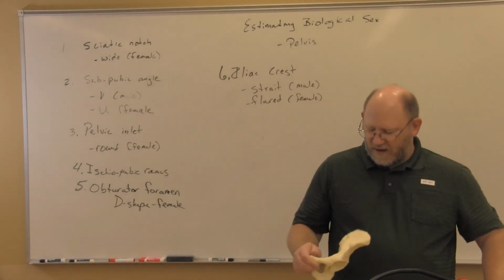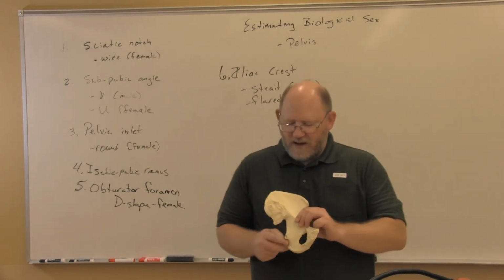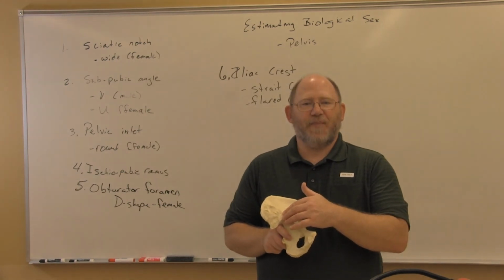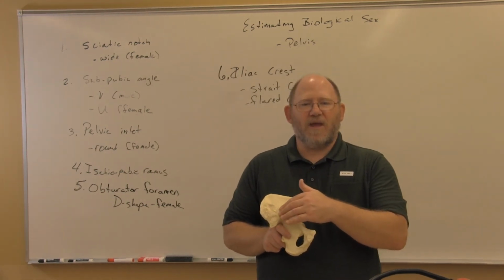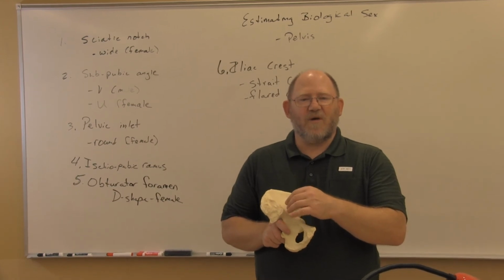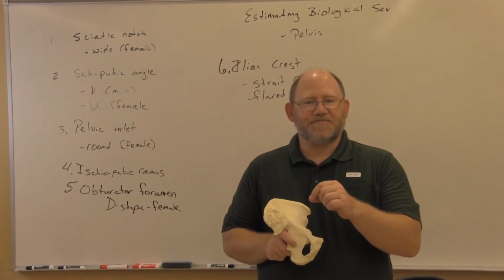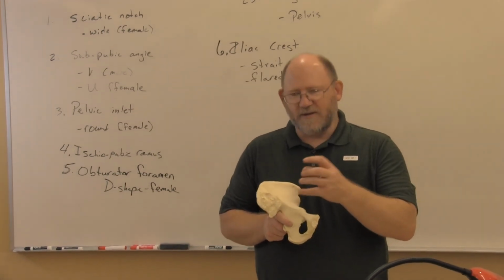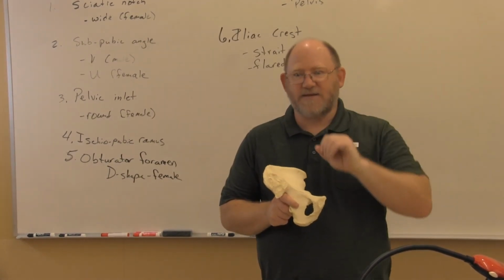In females, there is more of a rise in the auricular surface. Often this is described as like a mesa, a flat topped hill.